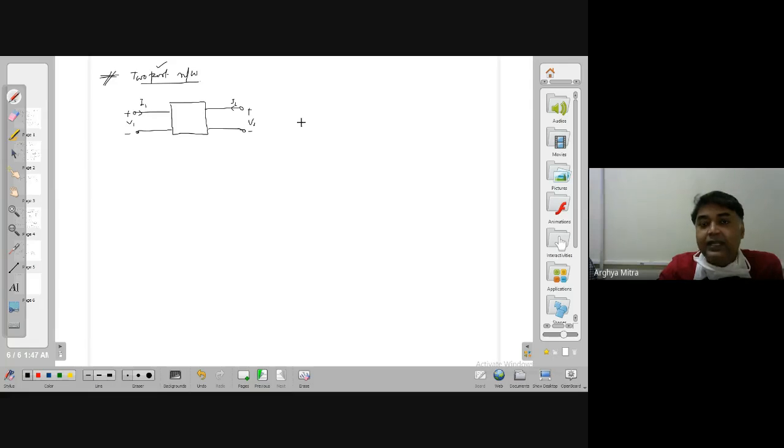Depending on that, I define a Z parameter, a Y parameter, ABCD parameter, H parameter, G parameter, and so on. There are a few more. We will concentrate on Z, Y, ABCD and H, and we get problems based on these parameters of the two-port network.